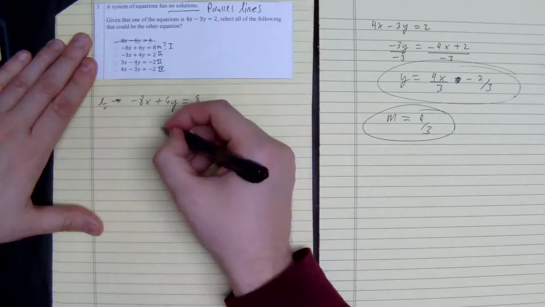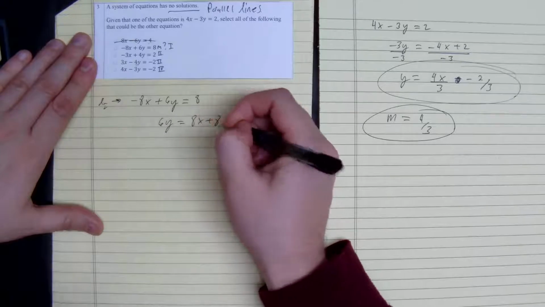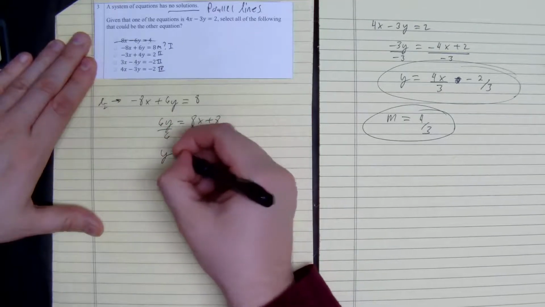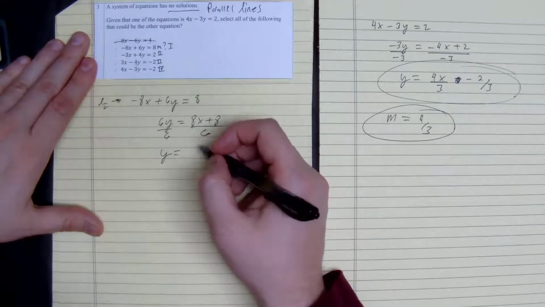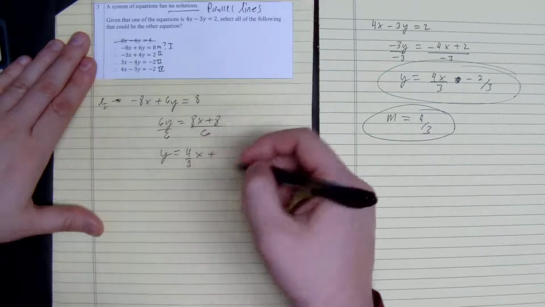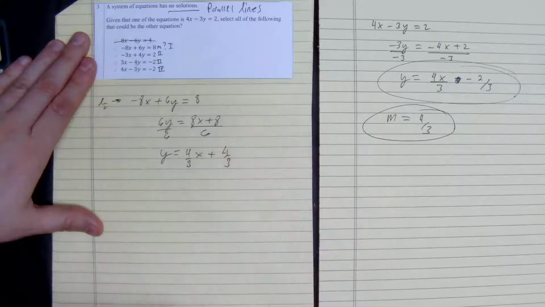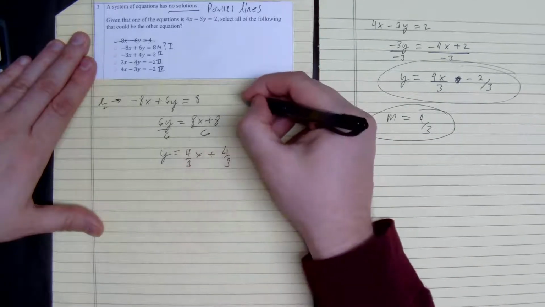We add 8x over, we get 6y equals 8x plus 8. We divide everything by 6. We get y is equal to 8 and 6 has a GCF of 2, so it becomes 4/3 x plus 8 over 6, which, divided by 2, gives 4/3. So that has the same slope, as you can see, as the given equation.